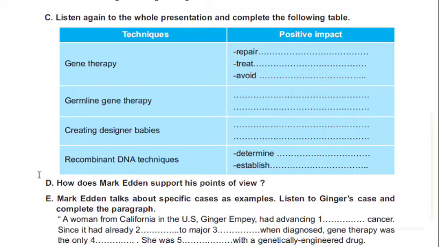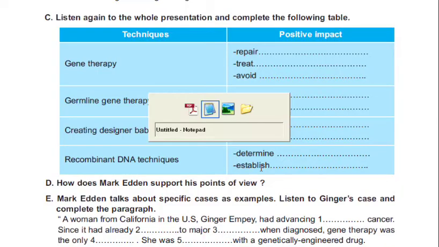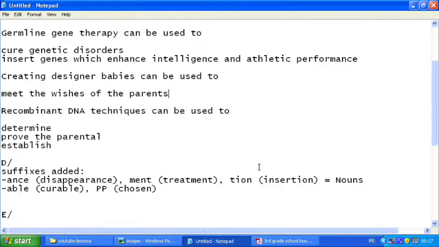Recombinant DNA techniques can be used to determine whether a person suspected of committing a crime is guilty or not.